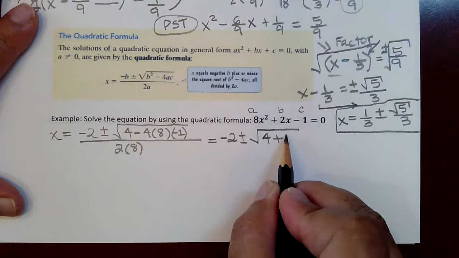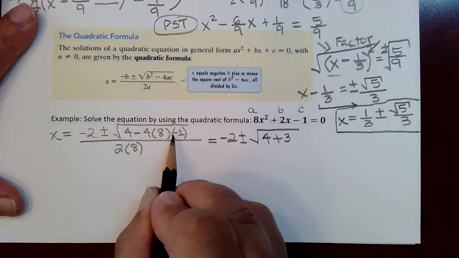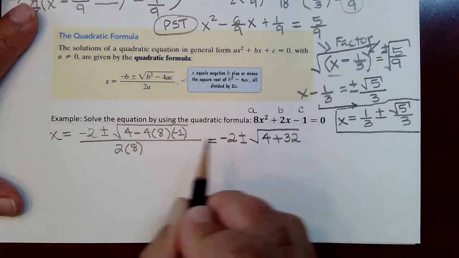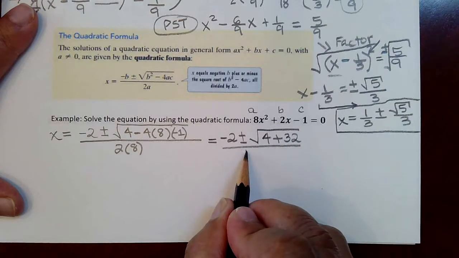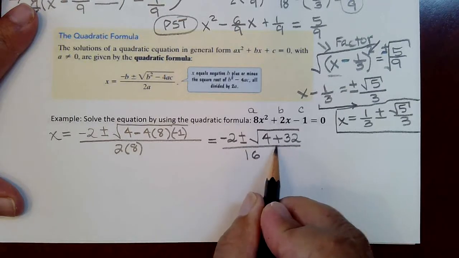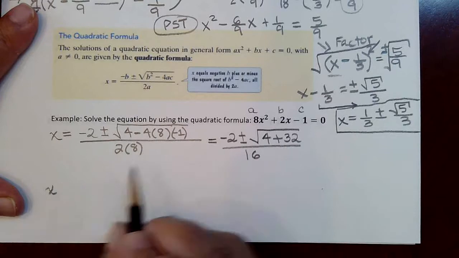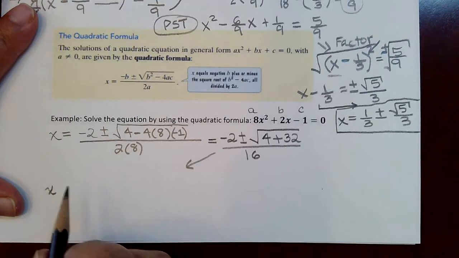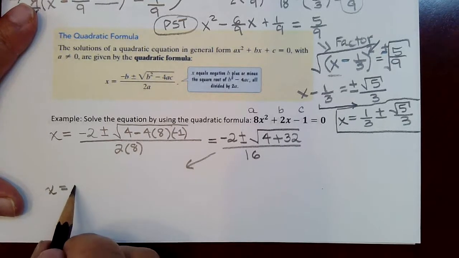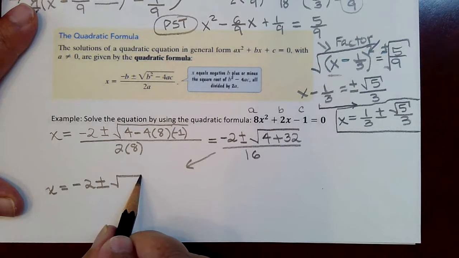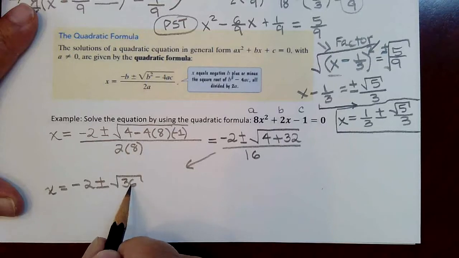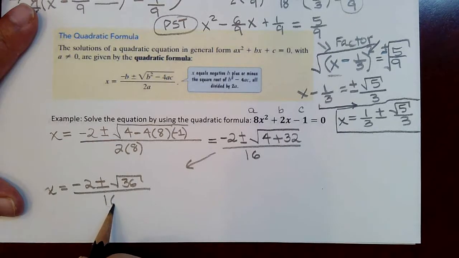We've already taken into consideration the negatives. Of course, that denominator is 16. I'll finish this down here. So this would be -2 plus or minus the square root of 36, divided by 16.